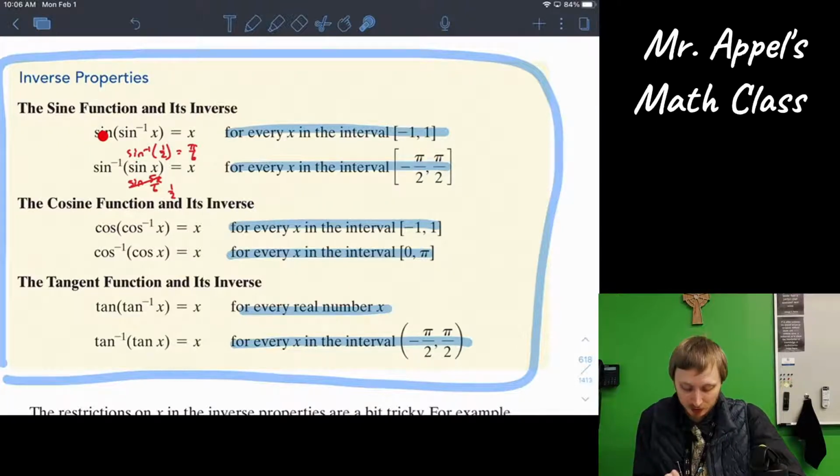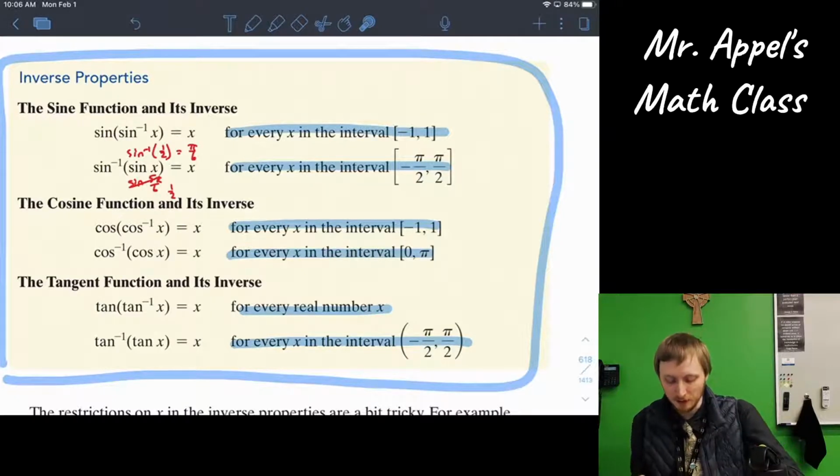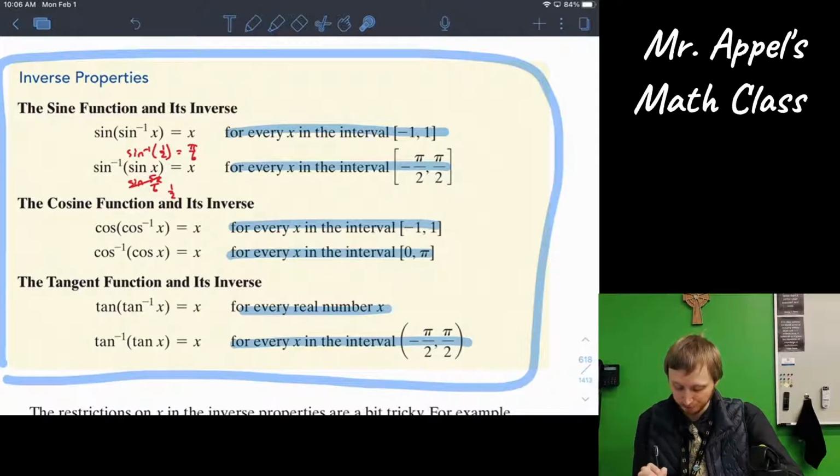Okay? So the range of sine is -1 to +1. I better make sure my x comes -1 to +1. Because the range of the outer function has to be the domain of the inner function, right? It's got to be within the domain in order for you to have a valid function operation there. Questions there so far?